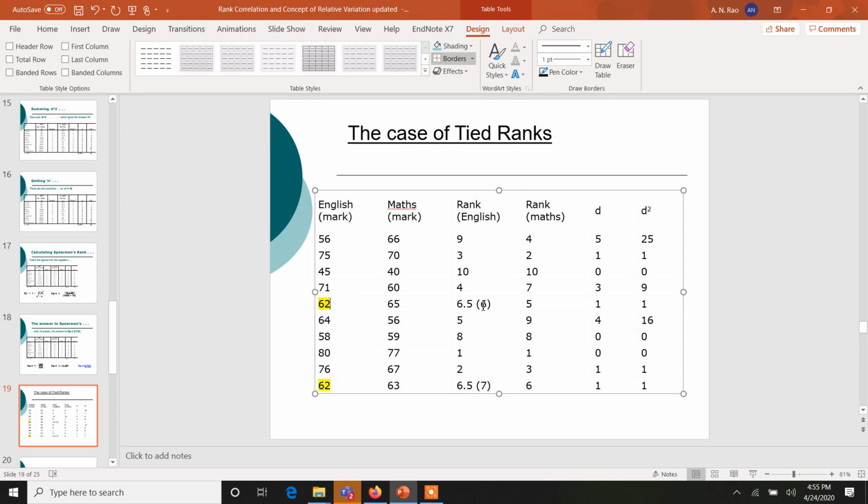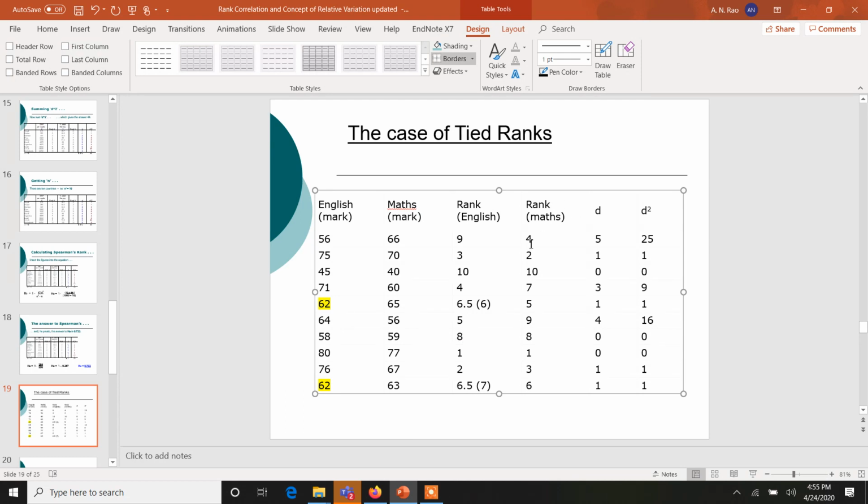So we have assigned it a rank of 6.5 because had these 62 values that are occurring twice here been different, we would have given them 6 and 7. But now because these are same, I'm giving them a rank of the average of 6 and 7, which comes out to be 6.5, right? So theoretically, we have consumed data till 7. So the next rank will be 8, right? So that's how we have calculated rank in the case of tied rank.